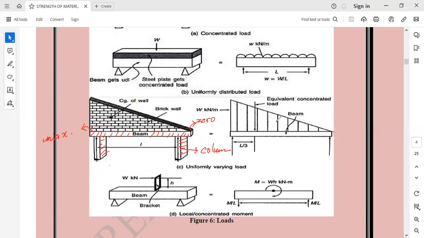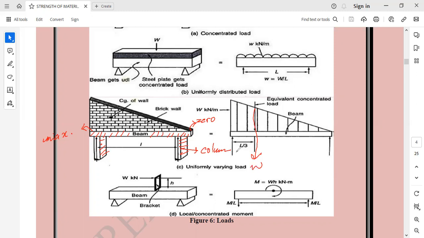Here, in this case also, for the calculation purposes, we consider this uniformly varying load as an equivalent concentrated load acting at the center of gravity of the loading. Suppose this load is W kilonewton per meter, then we will consider that this load is acting at the center of gravity of the loading.